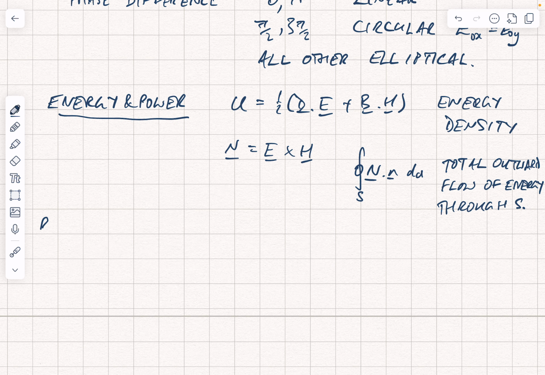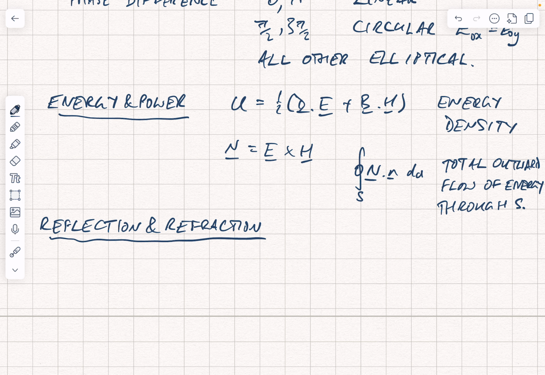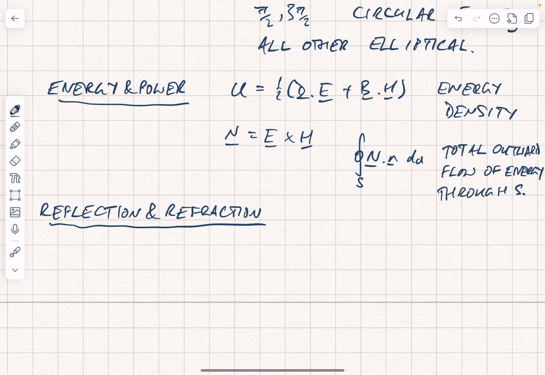We did then spend a bit of time looking at reflection and refraction at dielectric interfaces. And the key ideas here are to think about boundary conditions. So it's largely optics, but it's optics approached from the background of electromagnetism.